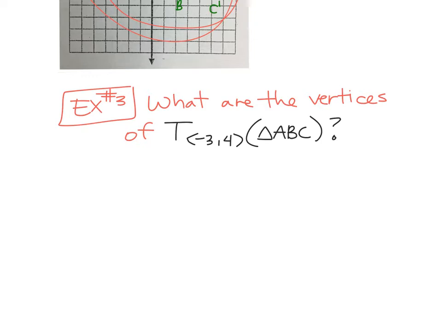Okay, so this is saying a translation, that's what the T stands for, which right now that's all you know is a translation, but you will get a rotation and a reflection and a glide reflection. So you just need to make sure that you're associating each letter with the right thing. So a translation of -3, 4 of triangle ABC, and I'm going to give you your triangle ABC.